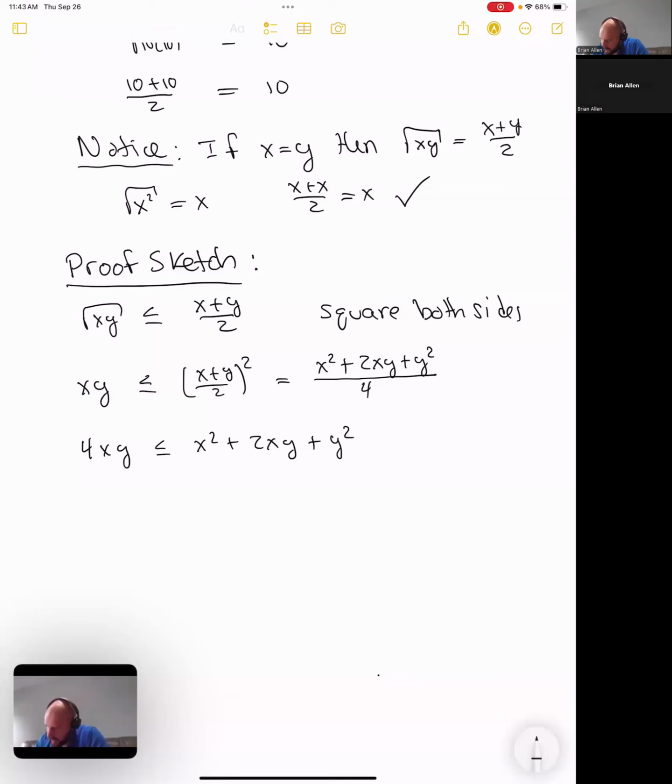Now I see several terms involving x times y, so I want to move this 4xy to the right-hand side. I get 0 is less than x squared minus 2xy plus y squared. And now I can factor the right-hand side. So when I factor the right-hand side, I get x minus y, squared.